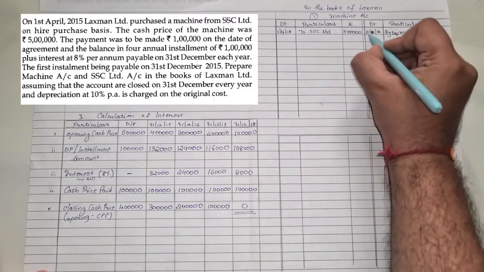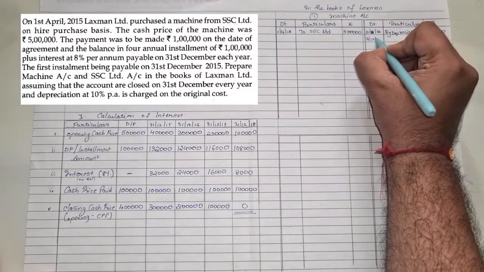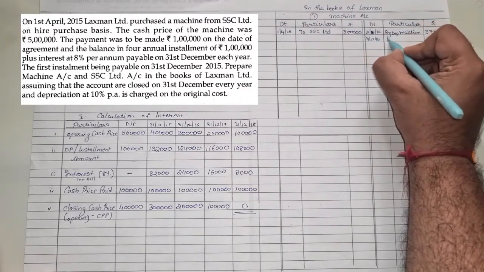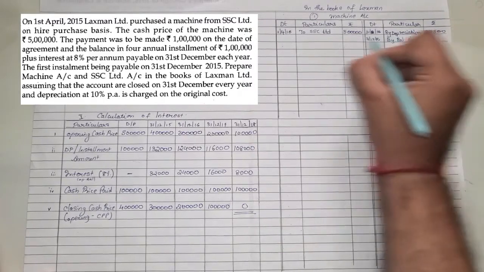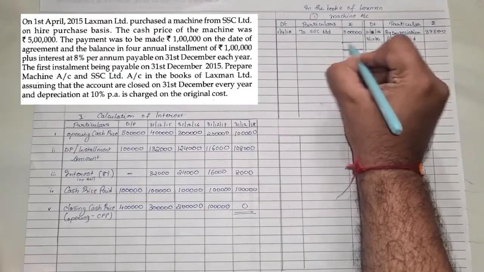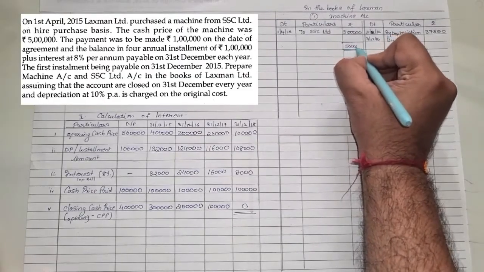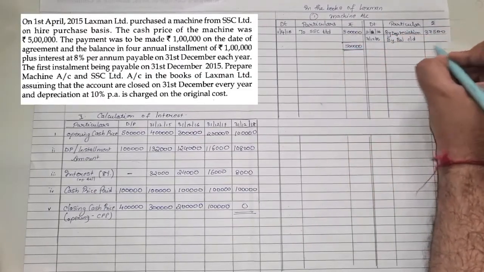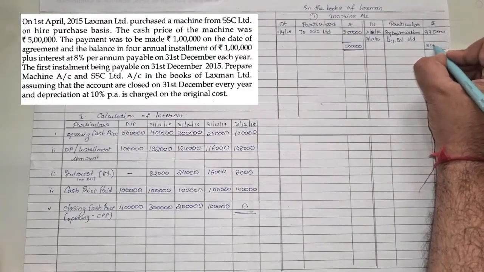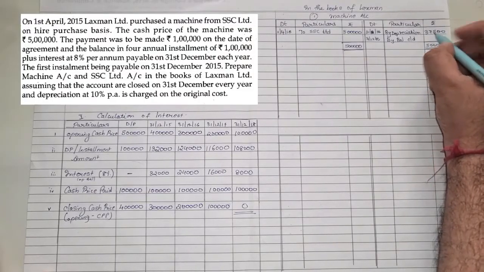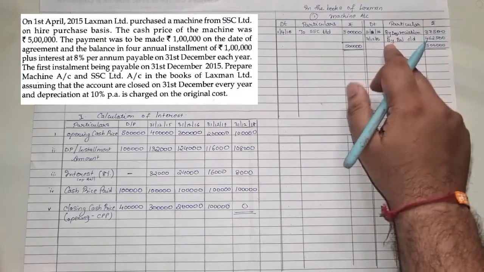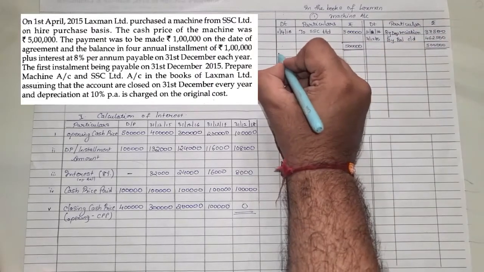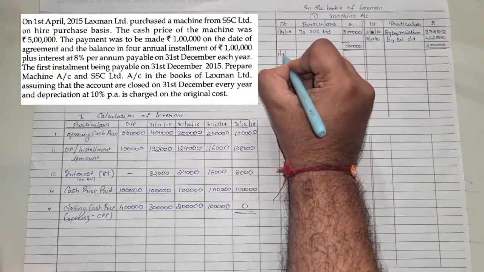Now same date, 31st December 2015, by balance carried down. We tally this, so this will become 5 lakhs total on both sides. When you subtract, you get the value as 4,62,500. Last year's closing will become this year's opening.